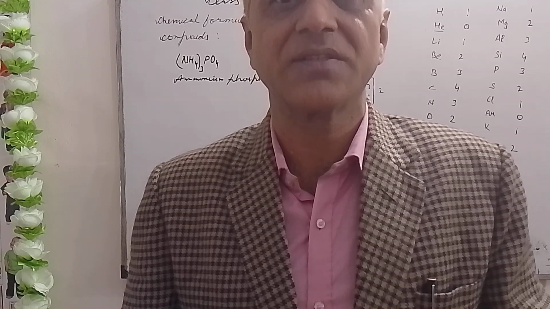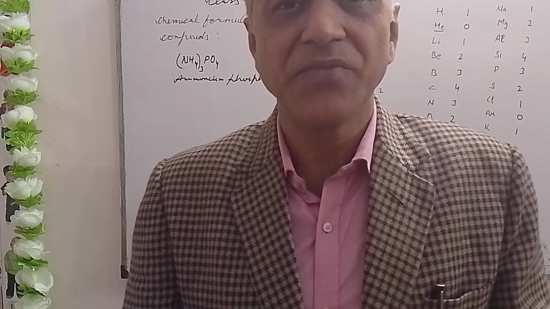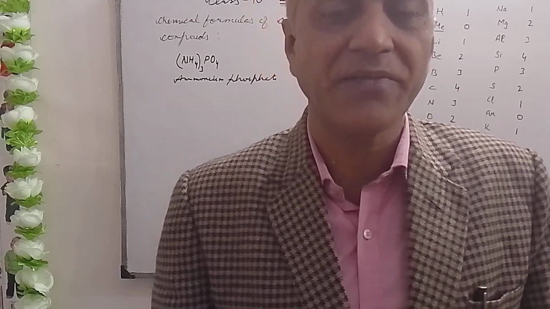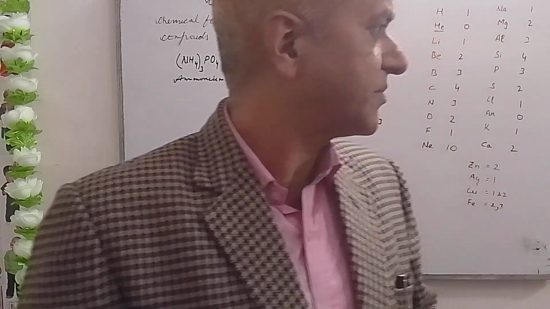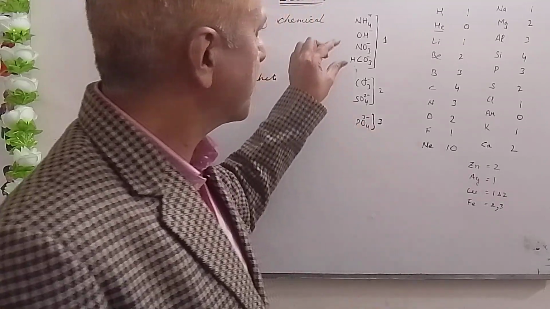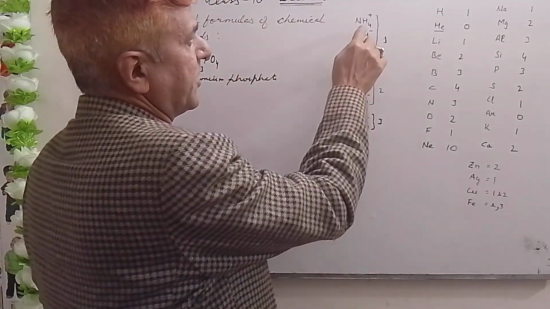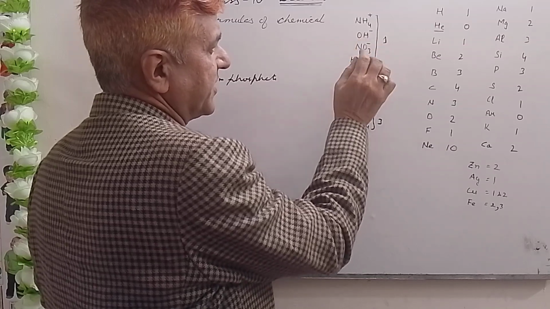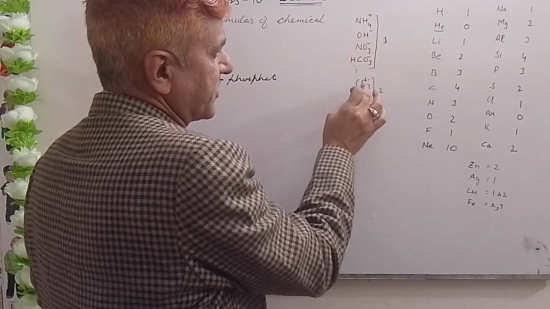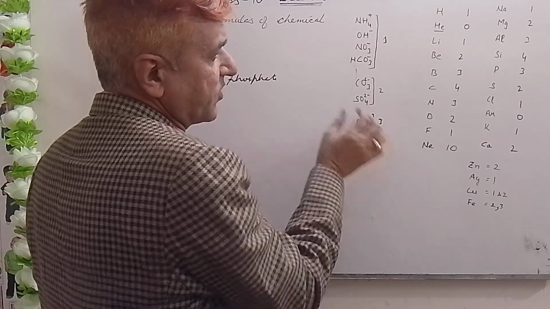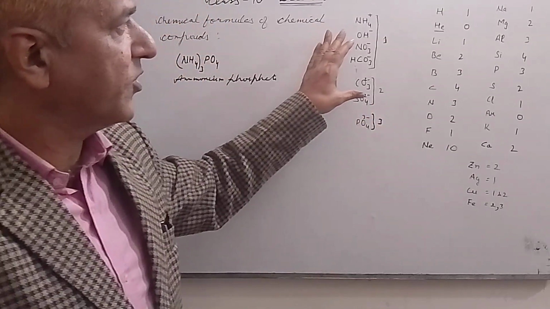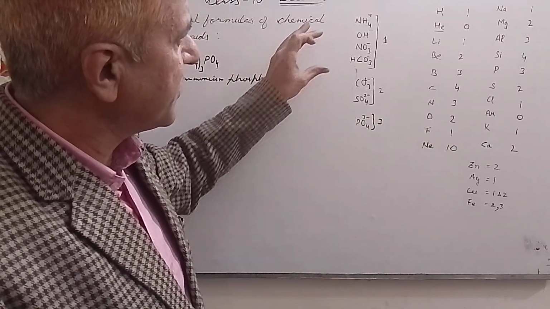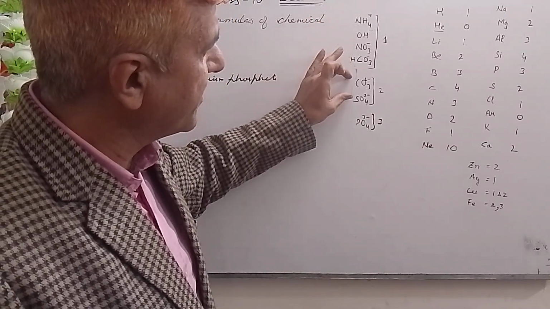In this class we are taking chemical compounds which have groups of atoms, like ammonium, hydroxide, nitrate, hydrogen carbonate, carbonate, sulfate and phosphate. These are also called polyatomic ions.